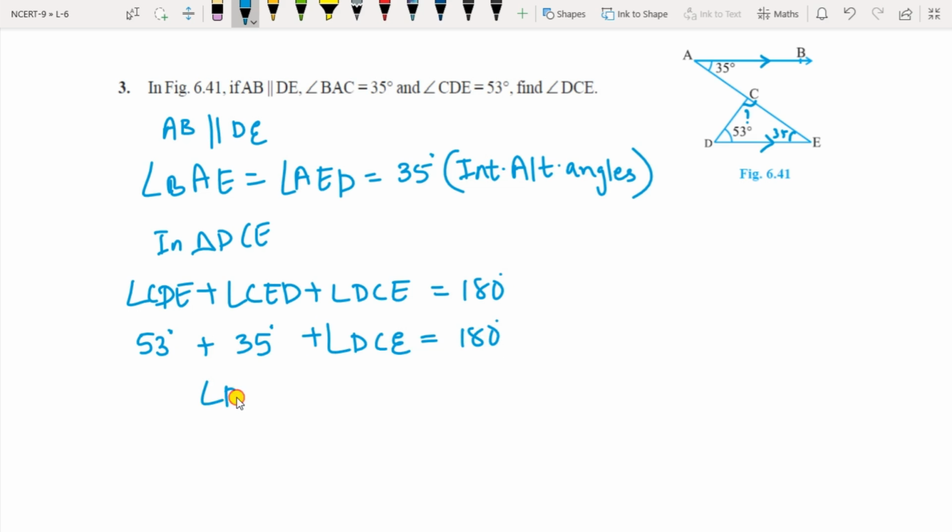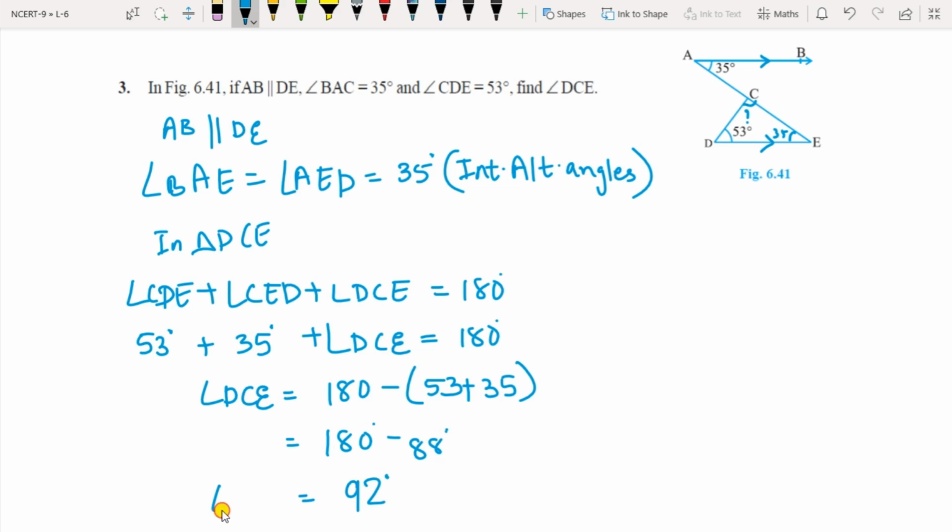So DCE is equal to 180 minus 53 plus 35. So that will be equal to 180 minus 88. So 180 minus 88 will be equal to 92 degrees. So angle DCE is equal to 92. Okay, so this one angle DCE, this angle is equal to 92.